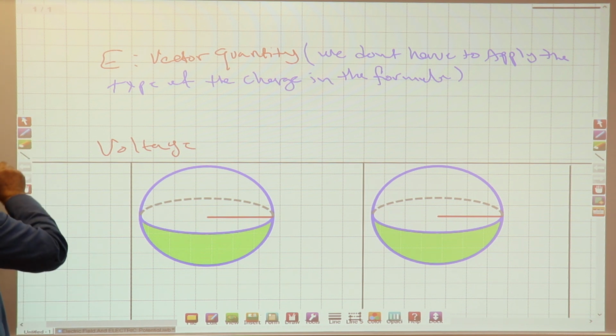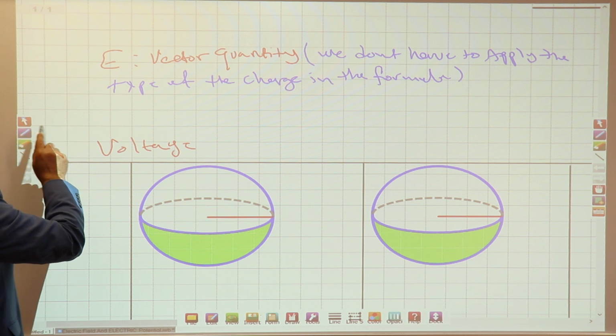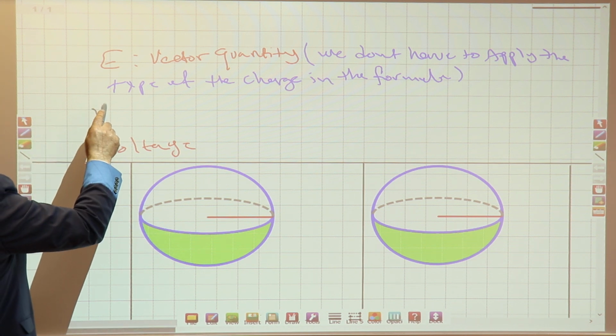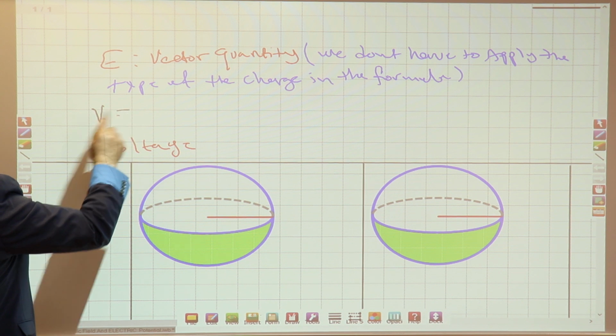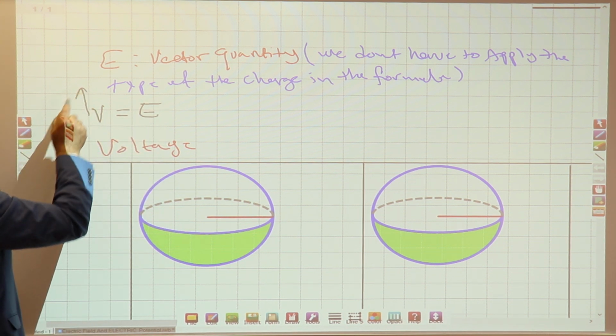The voltage here is V. In a simple way, V is a scalar quantity.